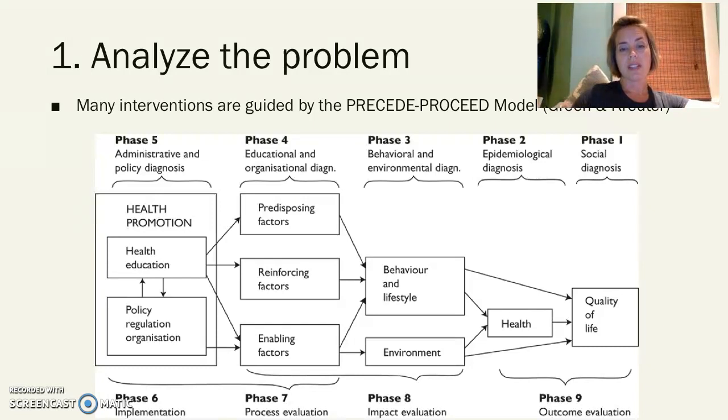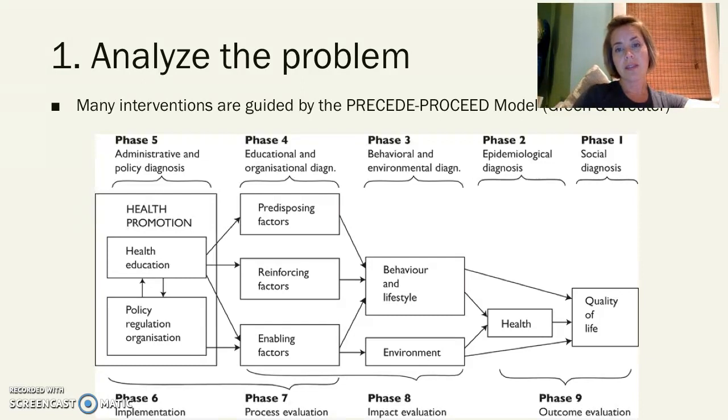So what are some of the pieces that would be reinforcing or enabling? What are things that set us up for success that are already in place that we can piggyback on? And then, of course, the administrative and policy diagnoses, so looking at the bigger picture. So if you look at those first phases, we're really kind of following the ecological model from the individual to the bigger hierarchy or overarching or all-encompassing circle, political, societal, systemic levels.